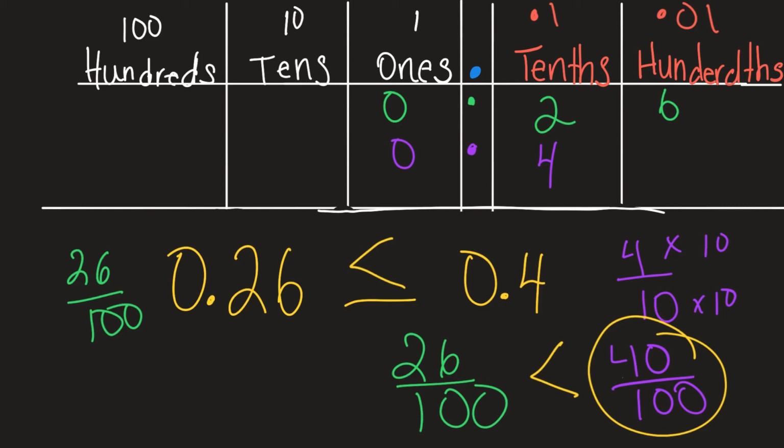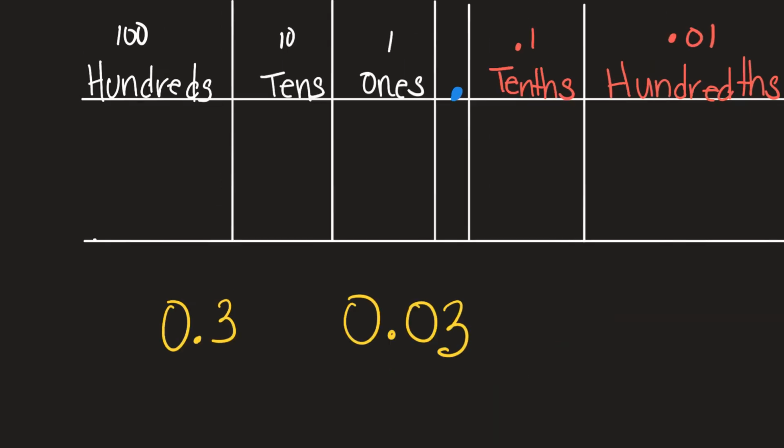Okay, so we've got one more that will be probably equally as challenging. Here we've got 3/10 and 3/100. Same thing, I'm going to plot it in the place value grid.